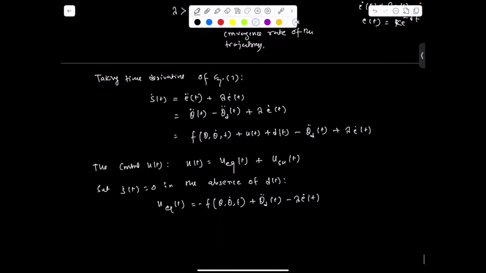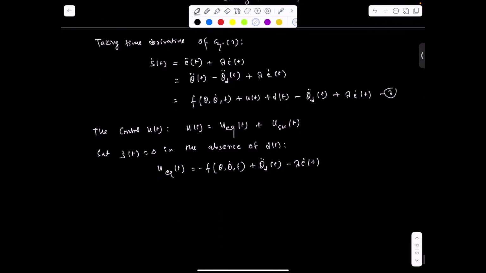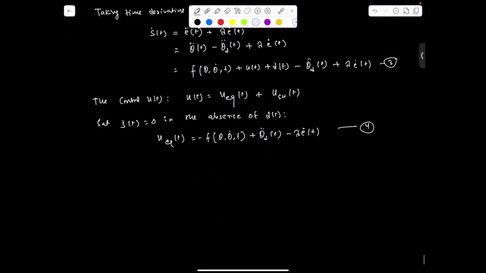So let us define this equation number 4.